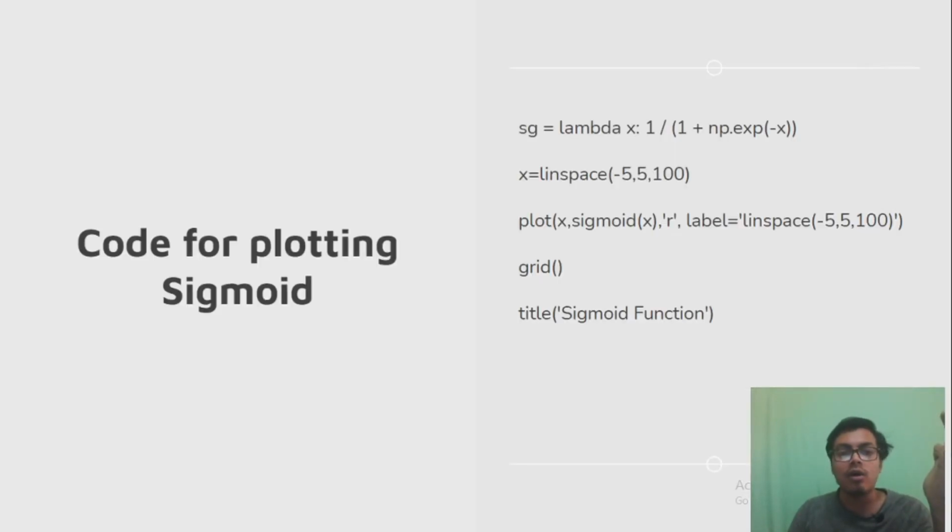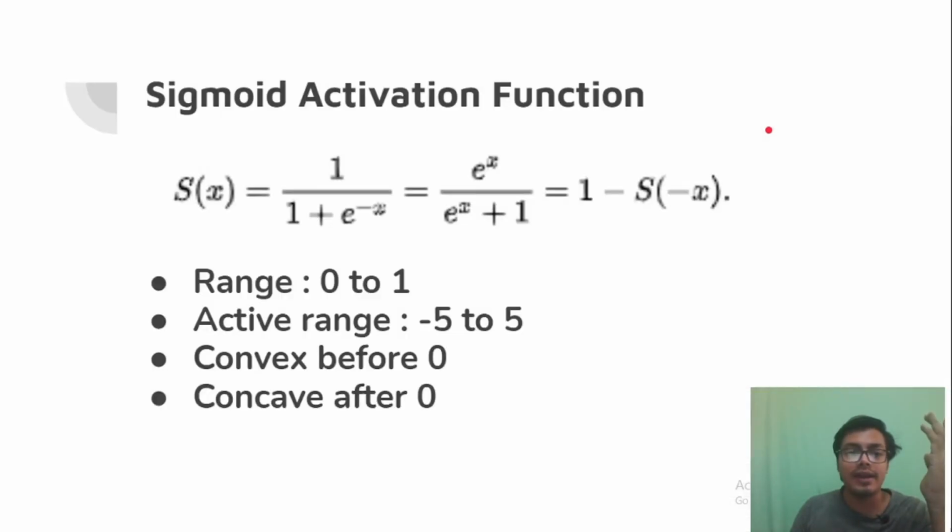Now if you want to generate that graph by code, this is how you can do it. Here I've written a lambda function of my sigmoid function, that is 1 upon 1 plus e to the power minus x. This is nothing but the sigmoid mathematical function which we have stated here.